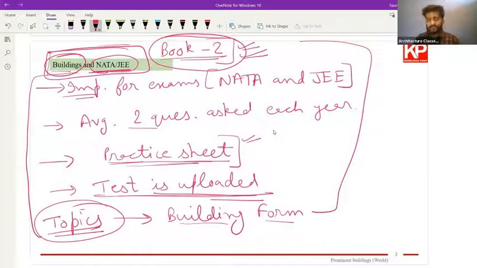What these exams, JEE and NATA, do is that sometimes they show you an image of a building and simply ask you the name of that building. So you should be able to identify the building from its image and recall the name. Another thing, along with building form and building name, is that you also need to know the name of the architect.